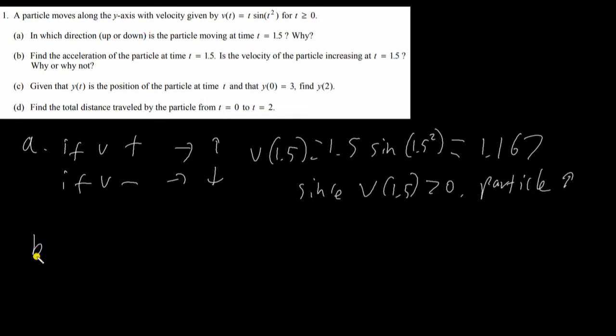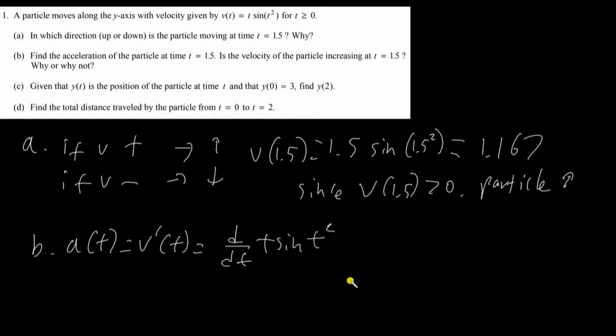Okay, so part B, find the acceleration of the particle at time t equals 1.5. Is the velocity increasing? First, let's find the acceleration. You find acceleration by taking the derivative of velocity, where a of t is v prime of t. So it's going to be the derivative of t sine t squared.